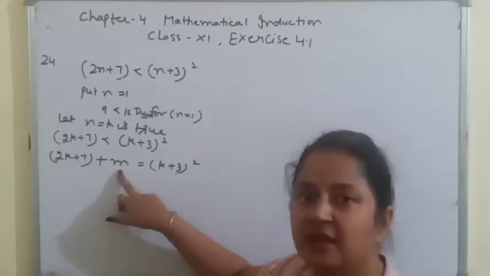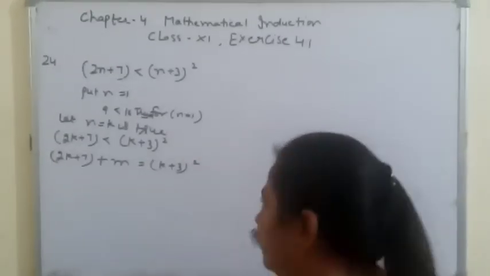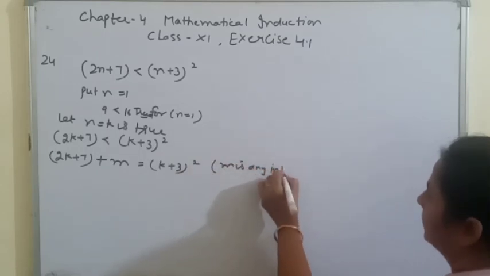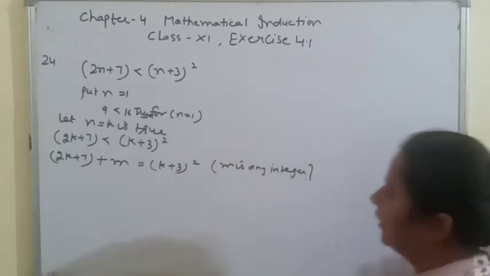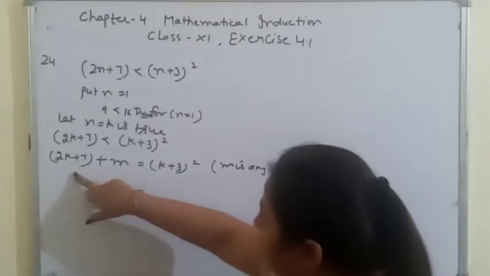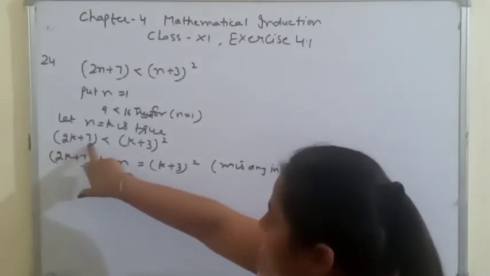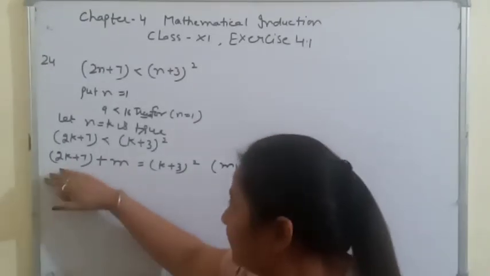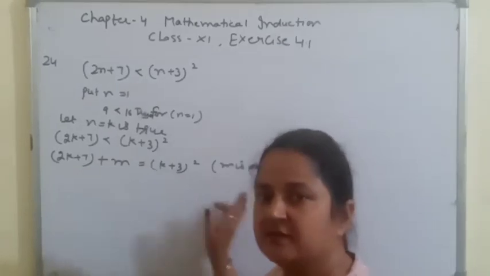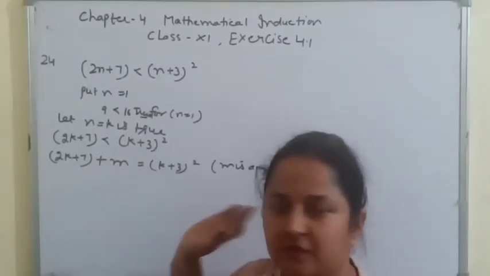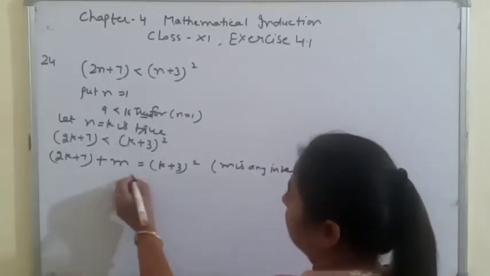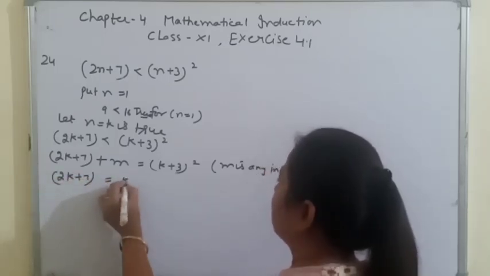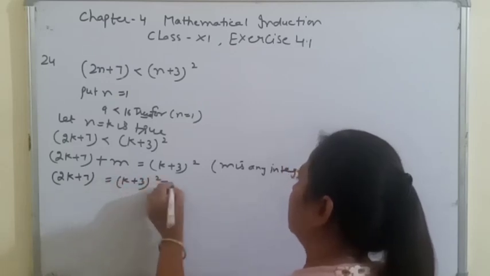Here I am adding some integer, that is m, where m is an integer. Why have I done this step? Because 2k plus 7 is less than k plus 3 whole square, I am adding m to make both sides equal, m is any integer. So 2k plus 7 is equal to k plus 3 whole square minus m.